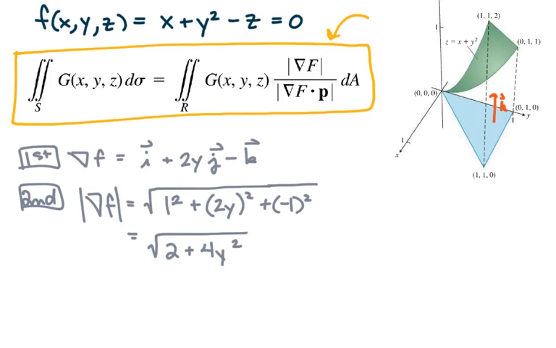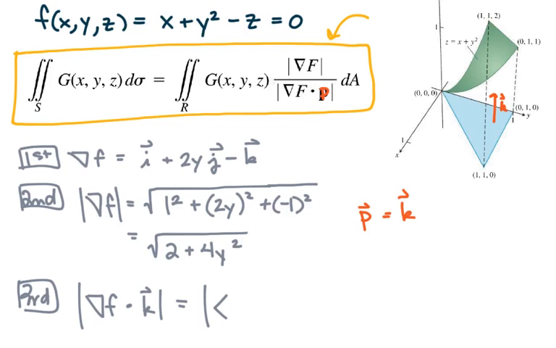As we said, we were going to let this p vector be k. So now we need to find the magnitude of del f, or the gradient of f, dotted with the k vector. So third step here is the magnitude of gradient of f dotted with k.